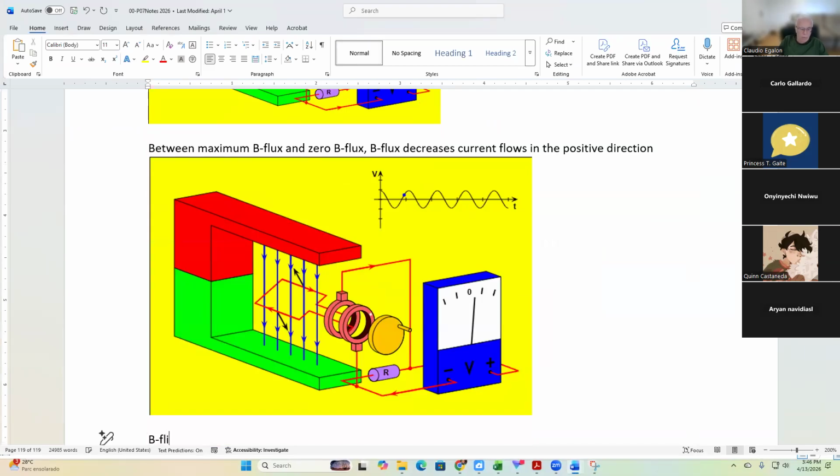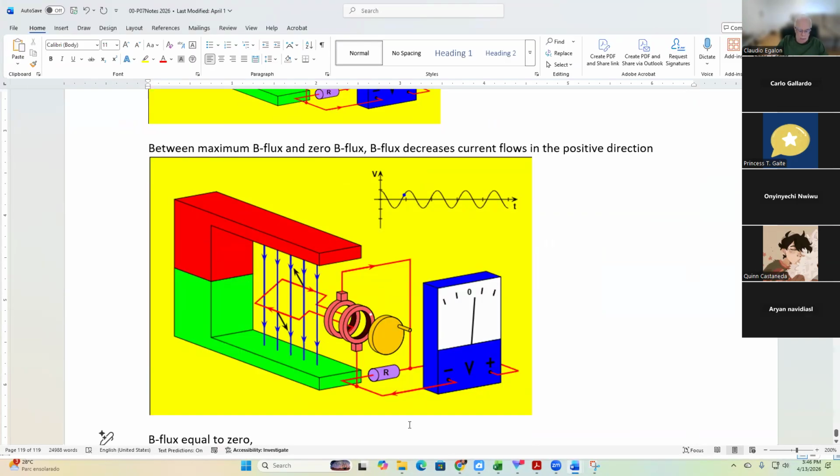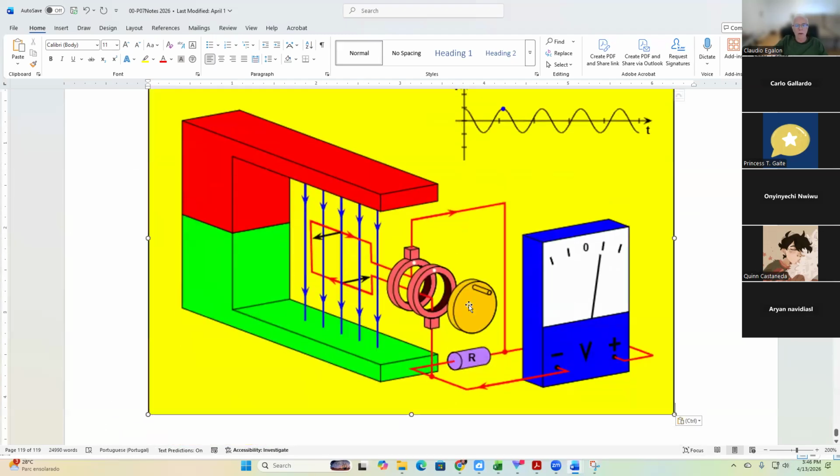B flux equal to 0. What we have is maximum voltage. Maximum voltage. This point right here.